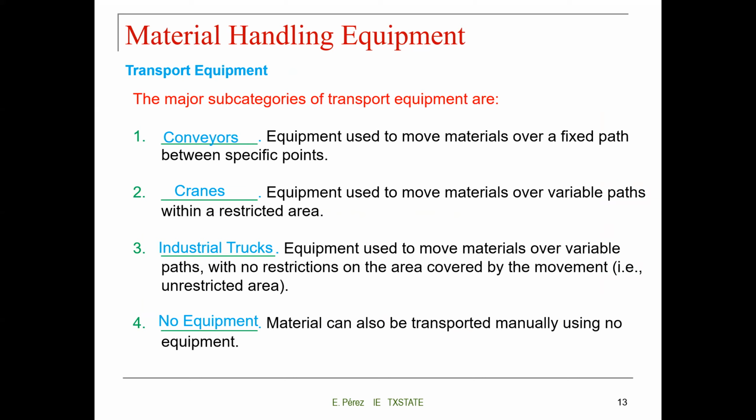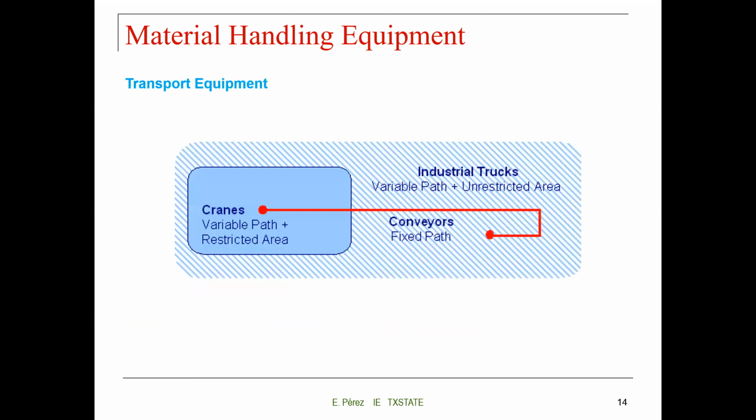Cranes are heavy-duty equipment used to move materials over a variable path within a restricted area. And industrial trucks are also common in warehouses, equipment used to move materials over a variable path with no restriction on the area covered by the movement, or no equipment. That means that you can transport manually.